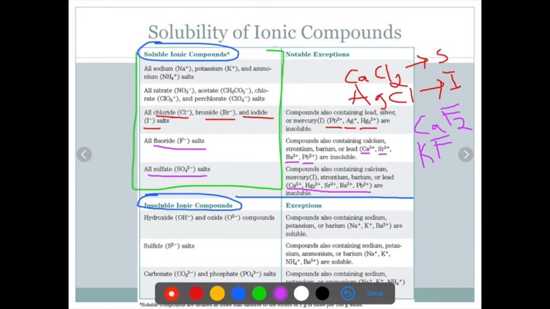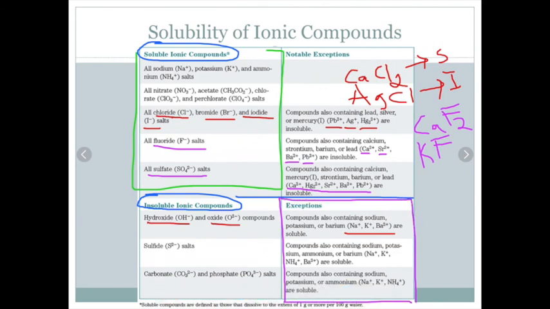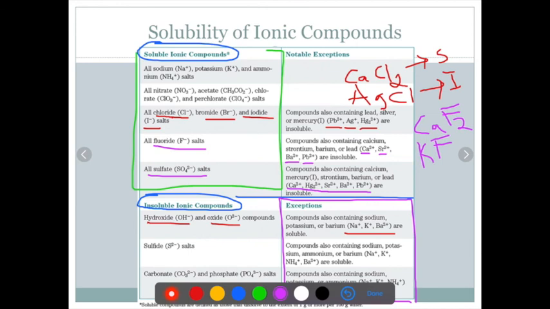Now the second part of the table are insoluble ions. So hydroxide and oxide are insoluble, except when they're paired with sodium, potassium, and barium. These exceptions make them soluble. So it's just the opposite: these are insoluble unless paired with the exceptions, then they're soluble.